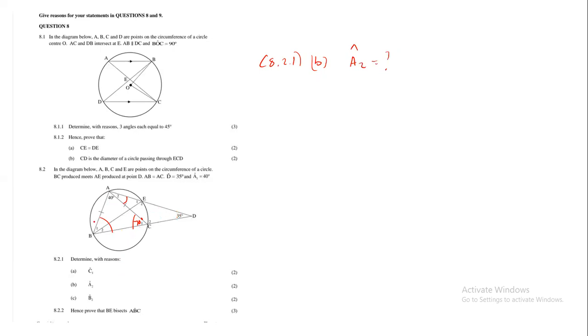But if I want to use a combination of them, they're not going to help me get that. But now I see, for the fact that I got this angle, I can get A2 because I am also provided with 35 degrees.